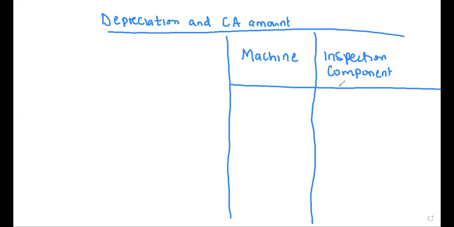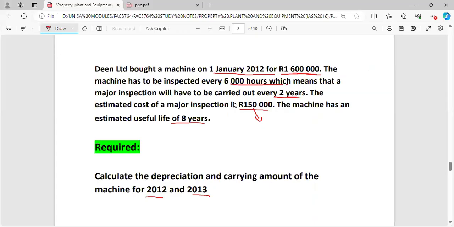So the cost of the machine, you need to separate the two. We need to separate the cost of the machine and the inspection component. But always bear in mind that the inspection component is also part of this machine when it was bought.